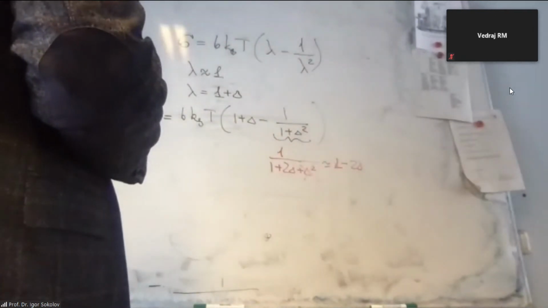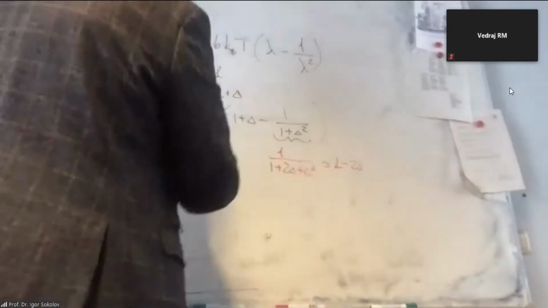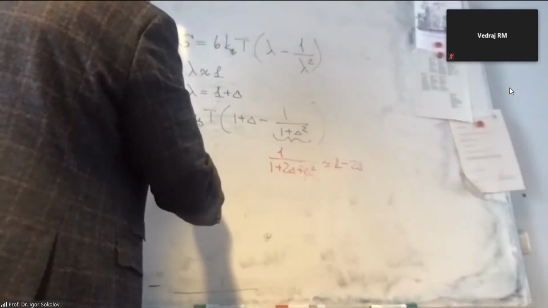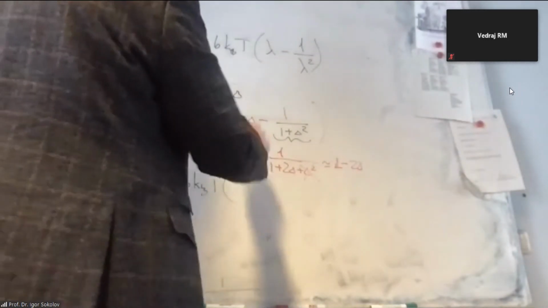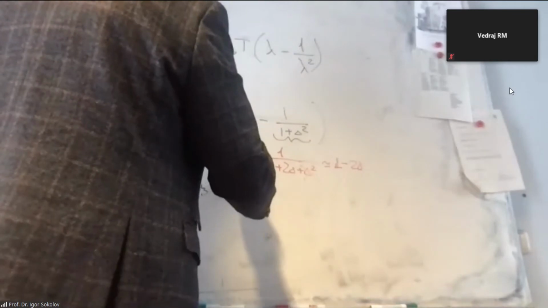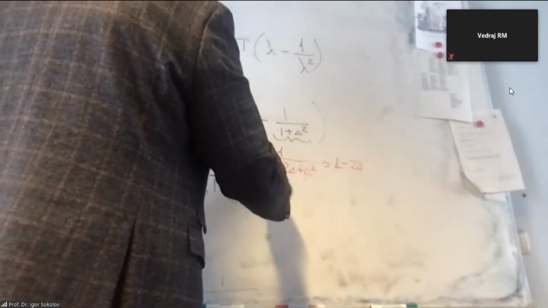So then I have here b kBT, and then I have here 1 plus delta minus 1 plus 2 delta. This is b kBT, and I have here 3 delta.